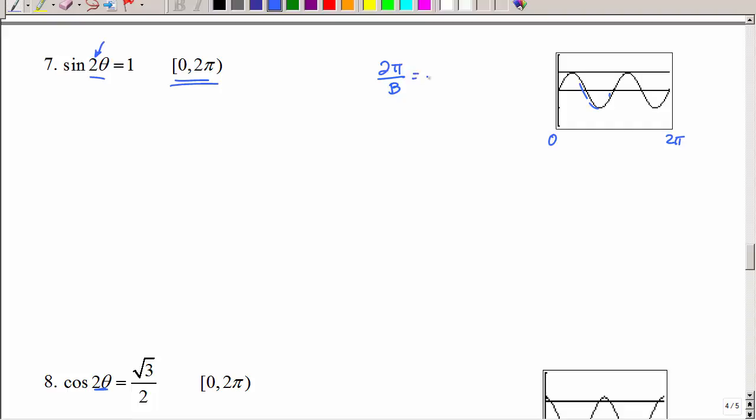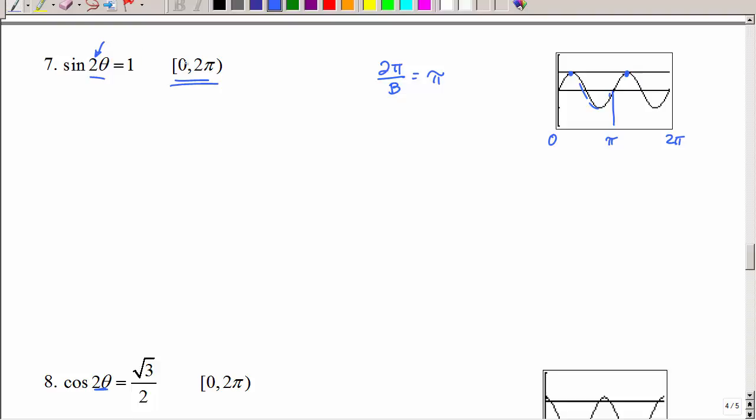Well, that's b. So our period now for that sine wave is pi, and that's why we get 2 sine waves within the interval of 0 to 2 pi. And when does it equal 1? In 2 places. Now you probably could just look at the picture and write down the answers, but let's do the algebra to get there.